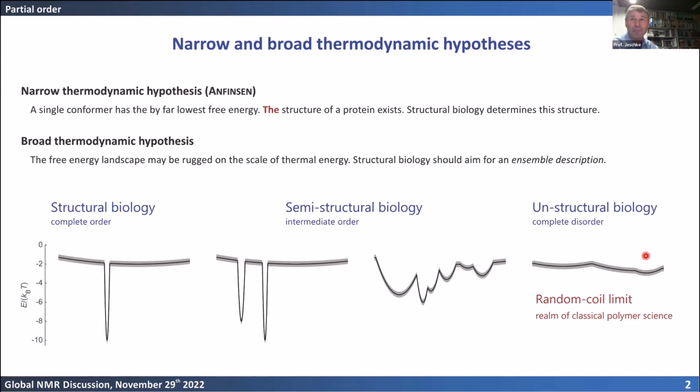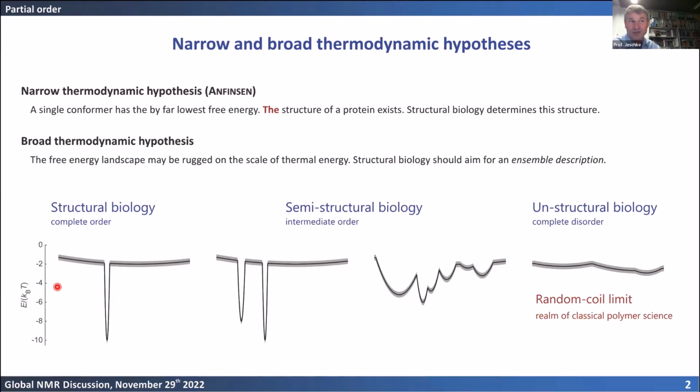And about at the turn of the millennium, about 2000, it was found that some proteins do not conform to this narrow thermodynamic hypothesis. Some proteins are or appear to be almost completely disordered, which corresponds to the random coil limit of polymer science.